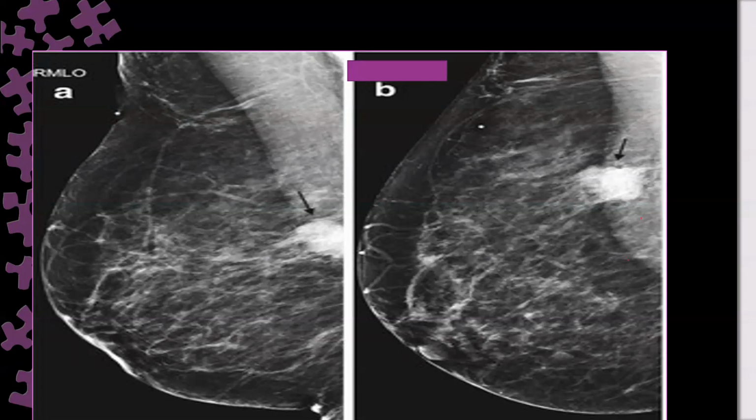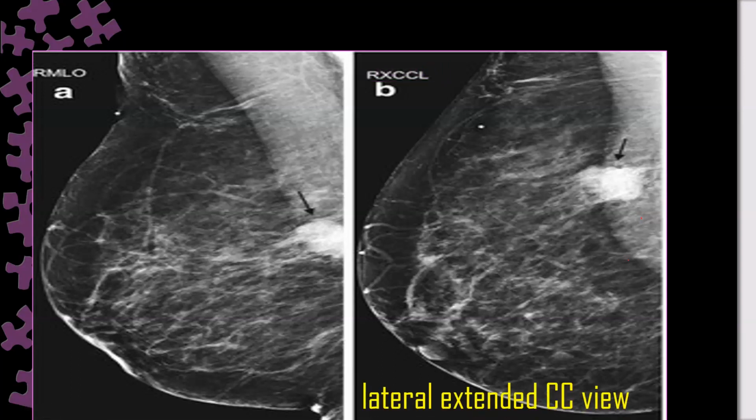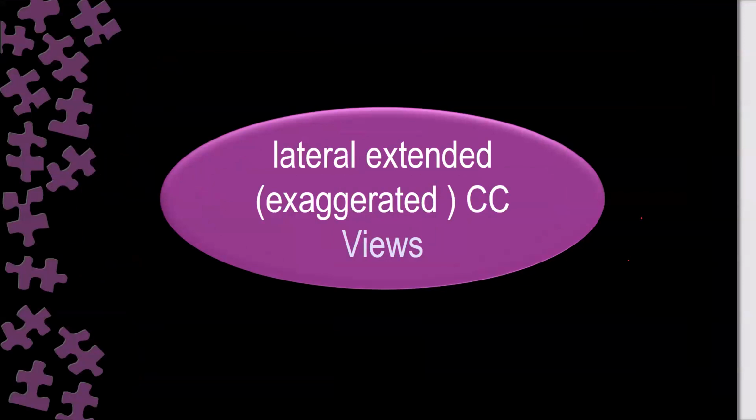It will not be well included as it is seen on MLO. So definitely this is not a lateral view. This is a CC view, but with exaggeration of the lateral aspect. You got it? Is it clear? Lateral extended CC view. You can do it to visualize the posterior portion of the lesions. So, lateral exaggerated CC, done.